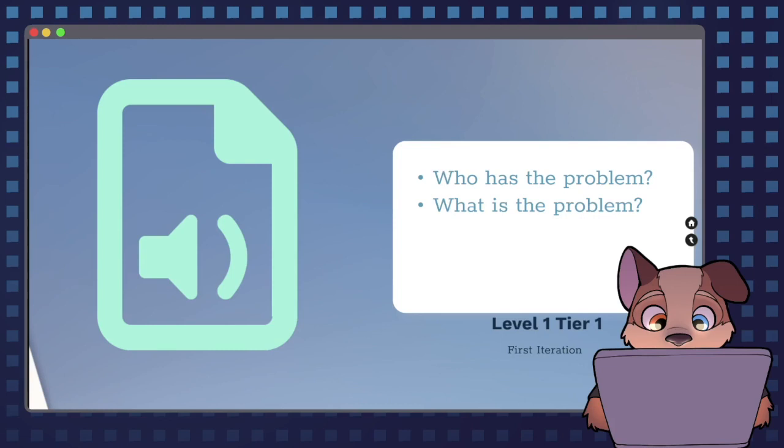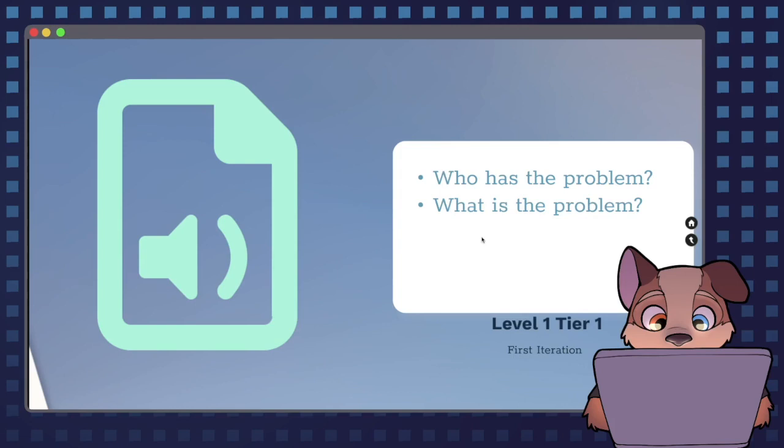Okay, so from that, think about these questions again. Do you understand who has the problem? And do you understand what problem this particular product is trying to solve? My guess is that from this, you'd have to have a high familiarity with this particular problem in order to really understand this explanation.